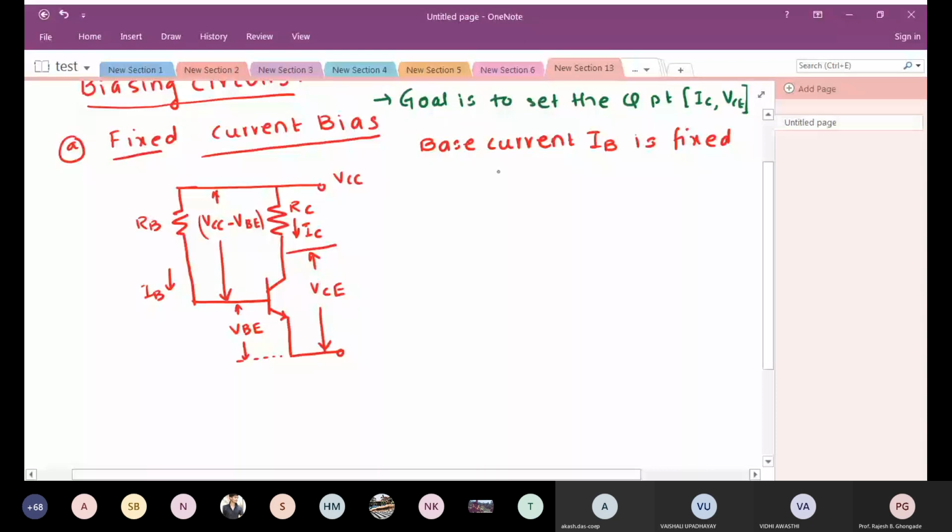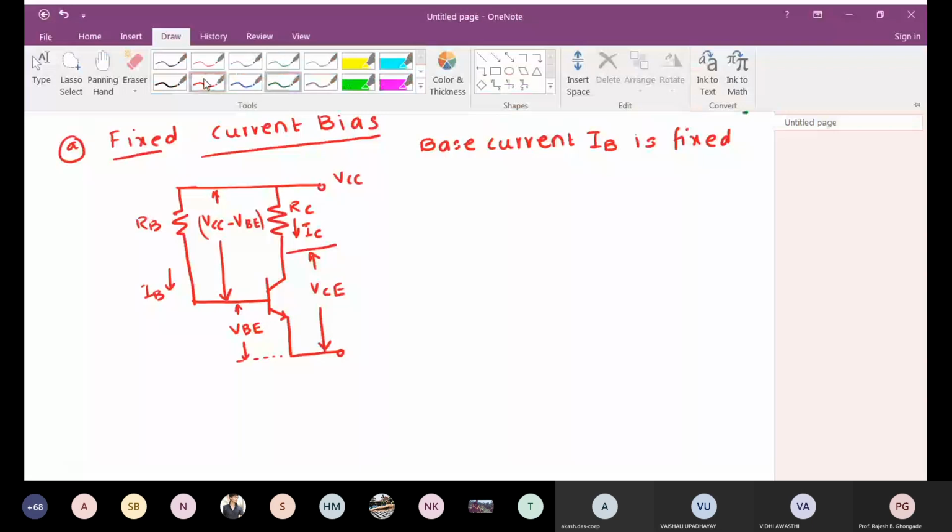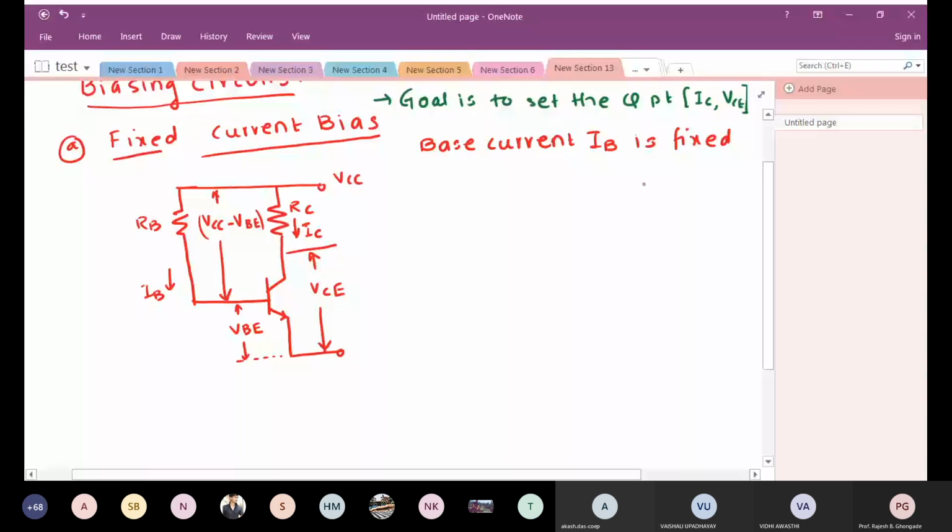Okay. So here in this case, the base current IB is fixed by the bias voltage VCC itself. You will see that this voltage is going to be fixed. Voltage across RB is always going to be fixed. So using Ohm's law, can I find out what IB is in terms of RB and the voltage across RB?